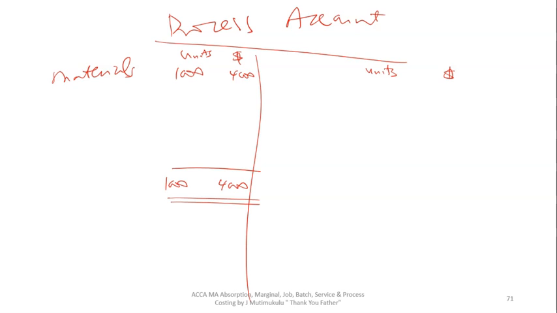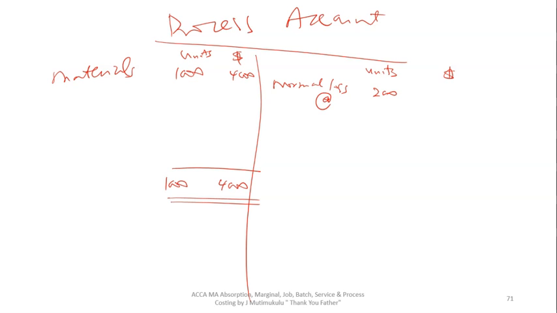Okay, then we go to the transfers. All right, we have to first consider the normal loss. The normal loss was 200 units. Okay, because we suffered 20% loss, so 200 units, and these units are also at the cost per unit which we were given.